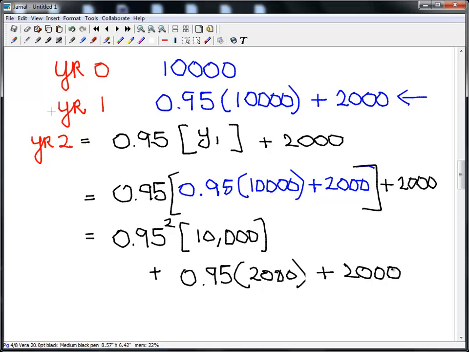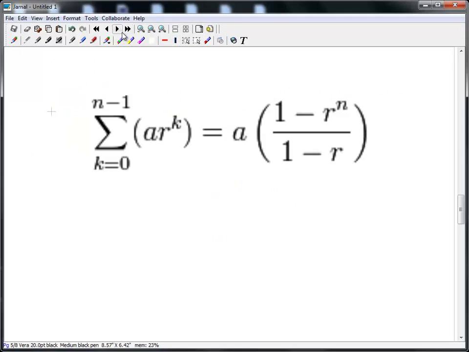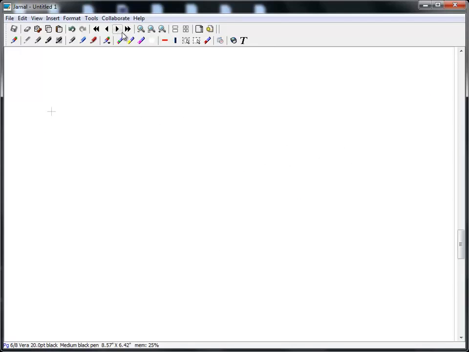Now, we're going to use this as the basis of an answer. If you were to do the same thing again for year 3, I'm not going to rationalize it. Just for the sake of time, I'm going to write down what it would be.